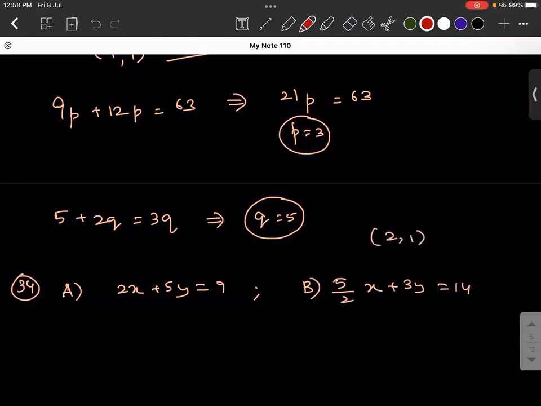Take and substitute it here and here. The first one satisfies. Yeah, the other doesn't work.